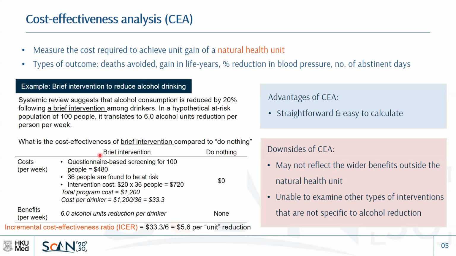The brief intervention group will involve the cost related to the questionnaire-based screening for 100 people, which equals $480. Upon the screening, assuming we identified 36 people at risk, then we will provide brief intervention for those 36 people, associated with an intervention cost of $720.